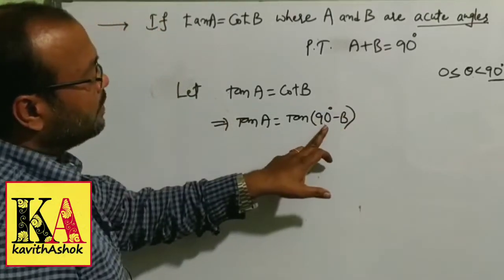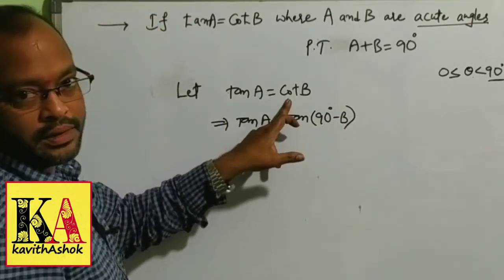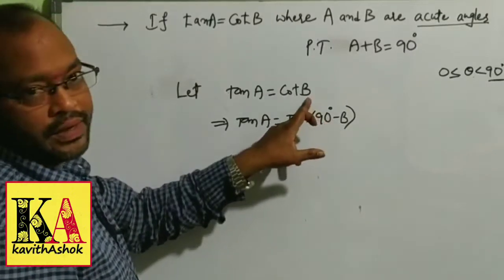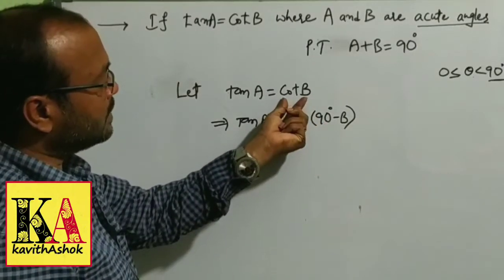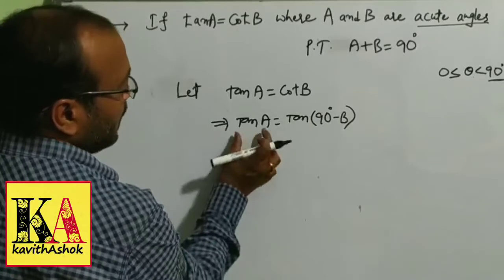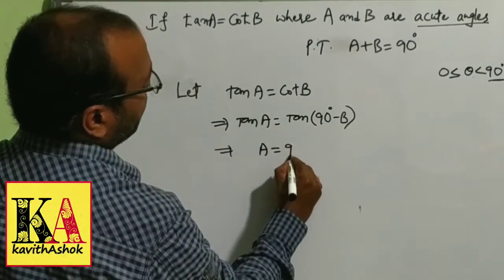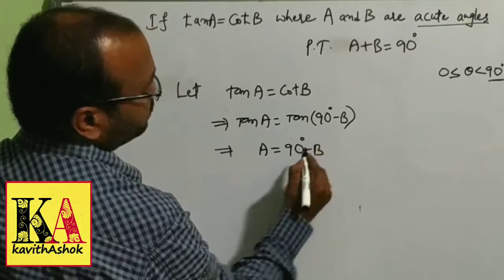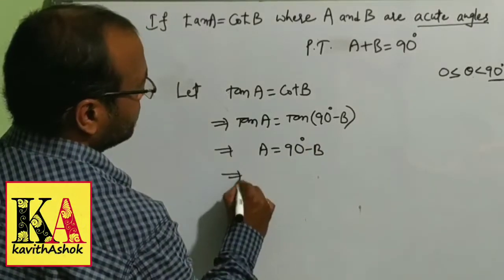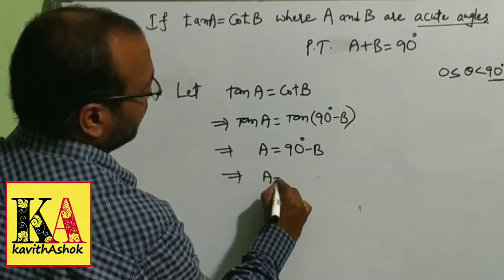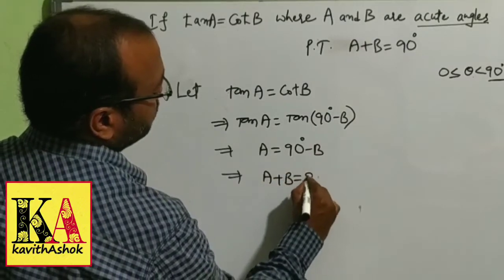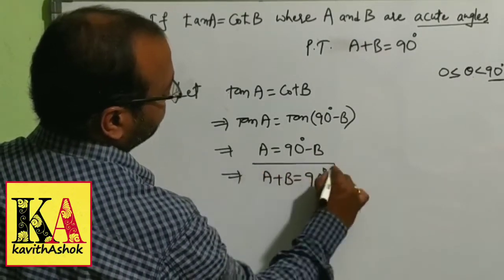Why? Because whenever 90 is there, tan becomes cot, and we will get cot B. So for our convenience, we changed cot to tan. Now tan A is equal to this one. This implies A is equal to 90 degrees minus B. This implies, take this B to the left part, A plus B is equal to 90 degrees.